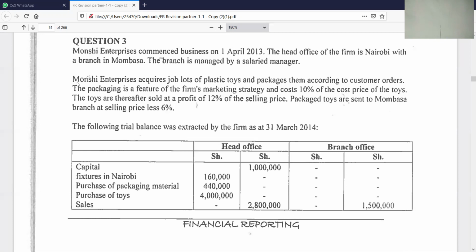The last two sentences to be specific say, the toys are therefore sold at a profit of 12% of the selling price. That implies that that is the profit margin at which they were making sales of the toys. Packaged toys are sent to Mombasa branch at a selling price less 6%.